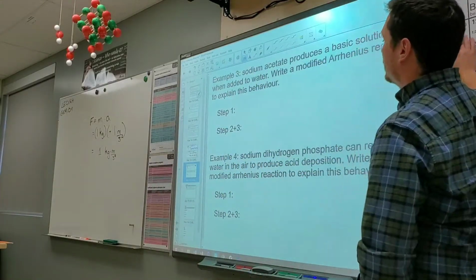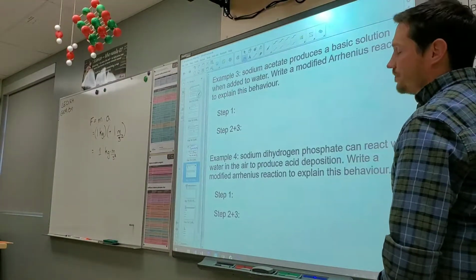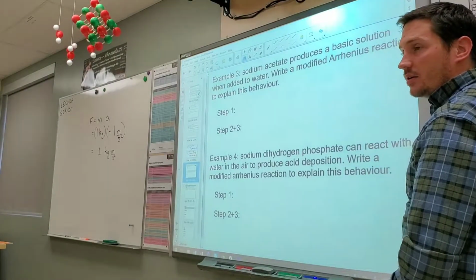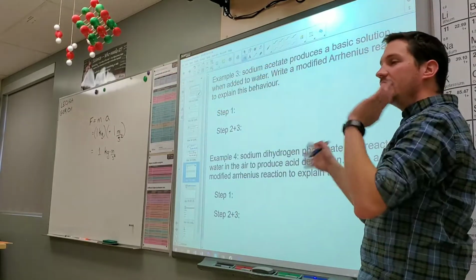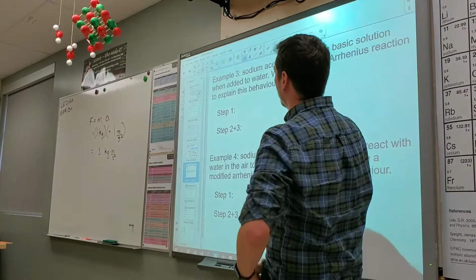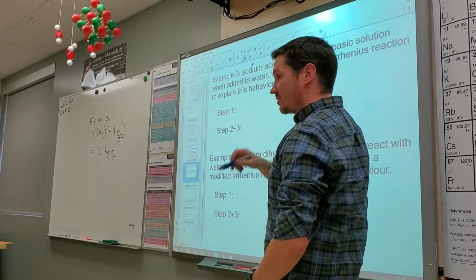Sodium acetate produces a basic solution in water. What's step 1? Let's take a look at the formula and see if there's anything we can ignore. Sodium is 1 plus, acetate is 1 minus.